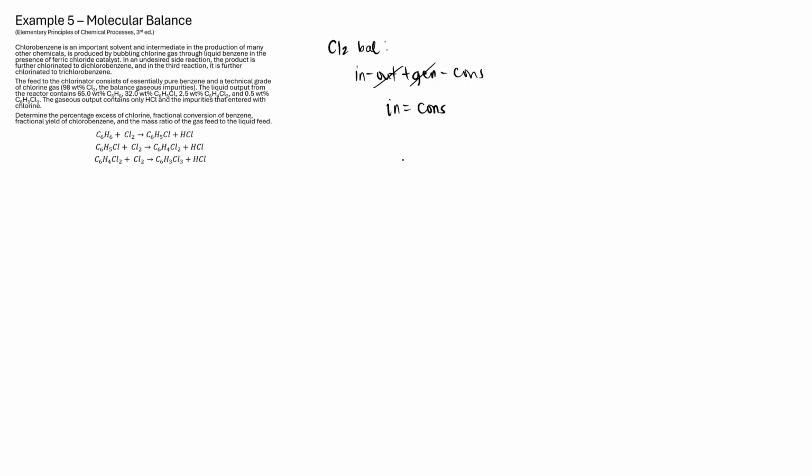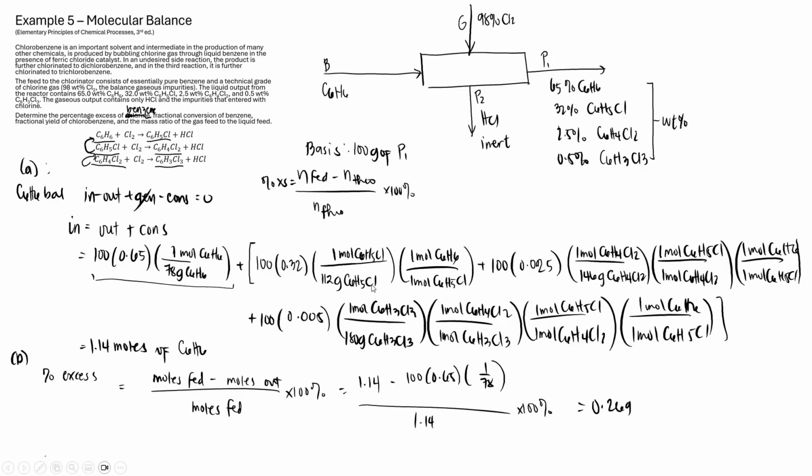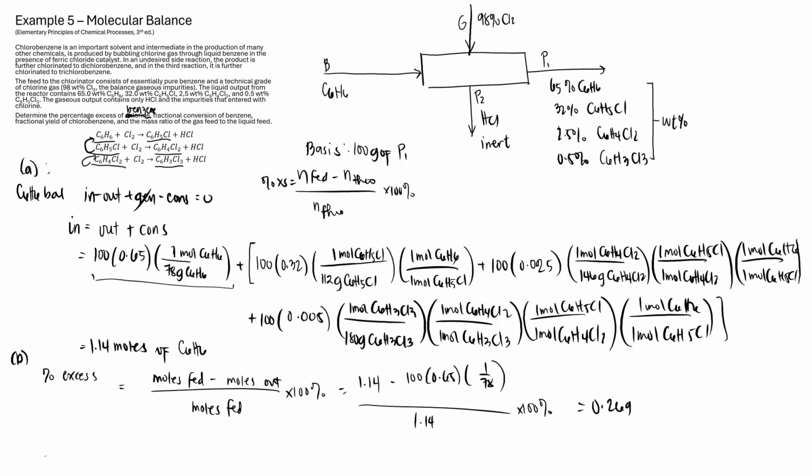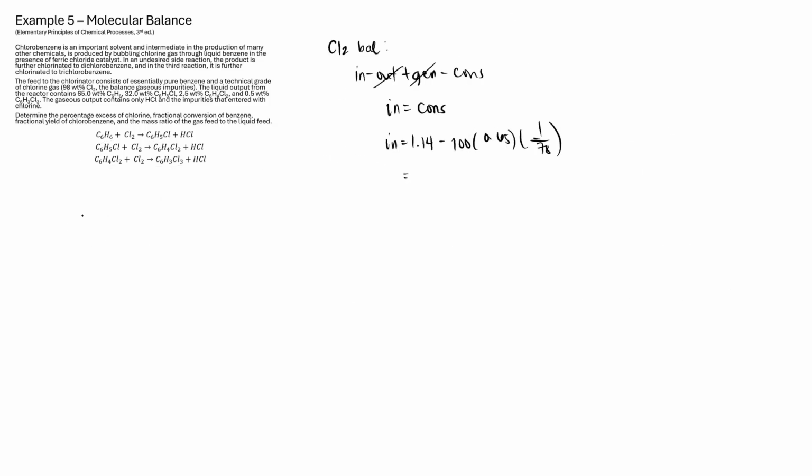Or you can do this balance as well. So in is 1.14 minus the out term from earlier. This is just a shortcut because the balances are very close to each other. The difference is that the C6H6 has an out term, Cl2 has none, and they're similar to each other here.